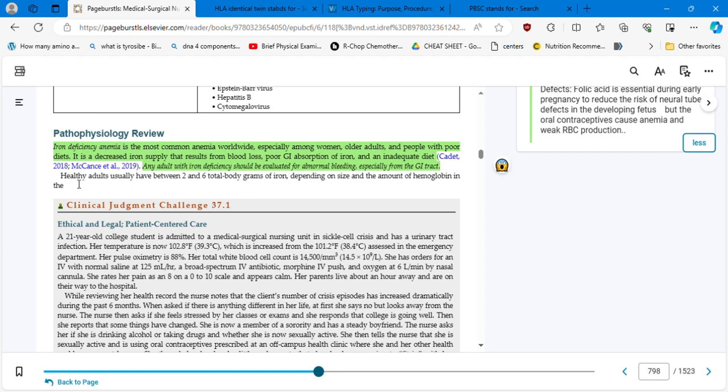It could be poor GI absorption of iron, as I mentioned before, due to hydrochloric acid, or maybe ulcers in the stomach, right? And inadequate diet. So all these factors we need to take into consideration.